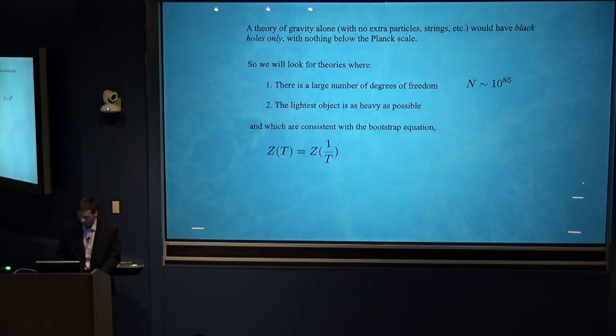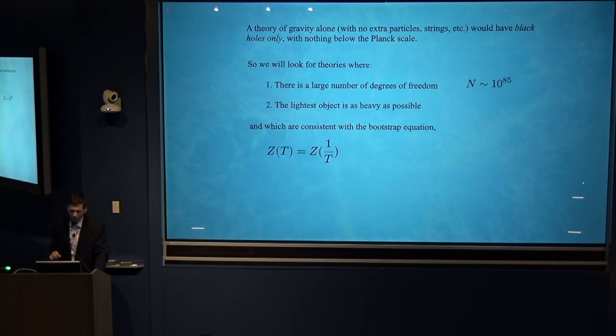And finally, we're using this bootstrap method, and I described for you the bootstrap equation that applies to these sorts of theories when they're at some temperature T. So we're looking for theories that have a large number of degrees of freedom, that have their lightest object very heavy, so they don't have very much low mass stuff.